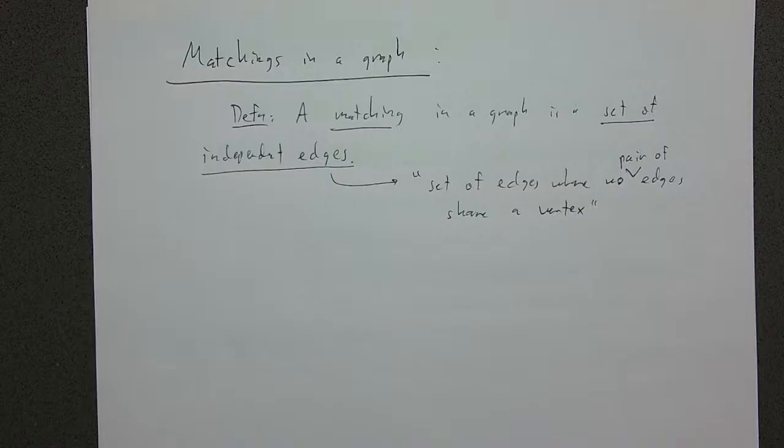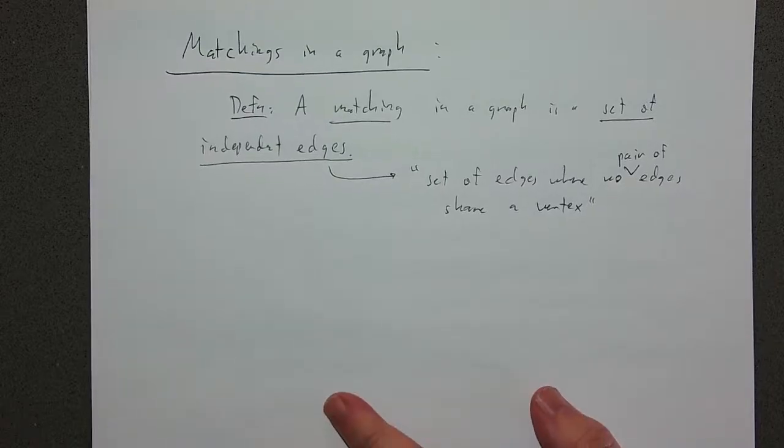Just to illustrate what is going on here, this makes it easier to consider this, thinking of it as a pairwise comparison. So no pair shares a vertex here.